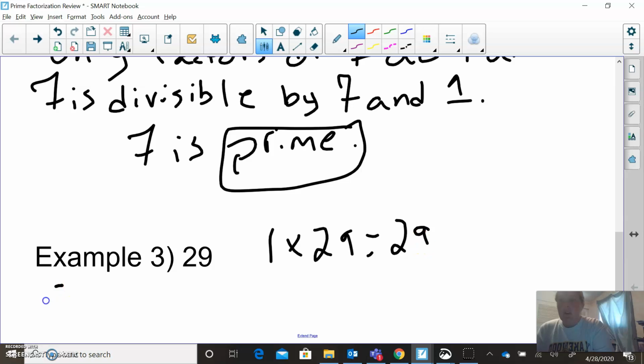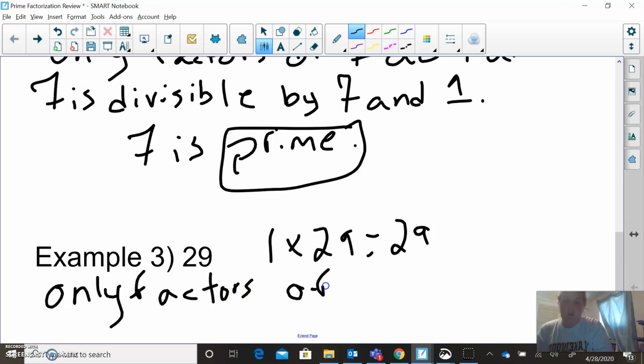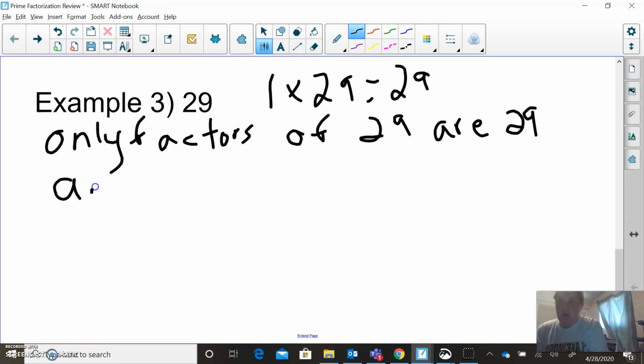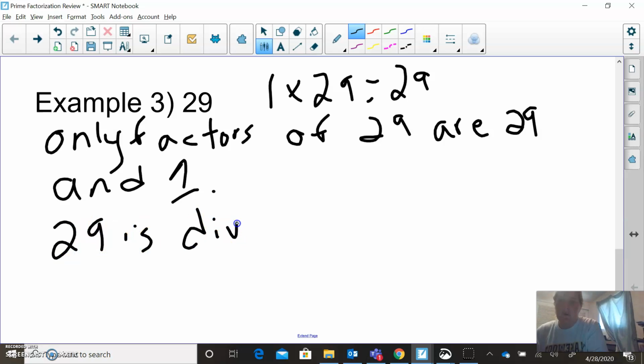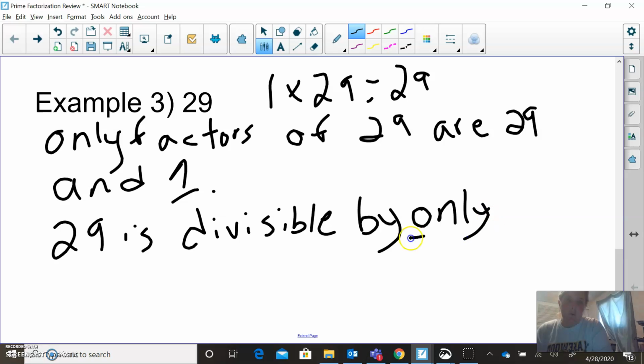So the only factors of 29 are 29 and 1. 29 is divisible by only 1 and 29.